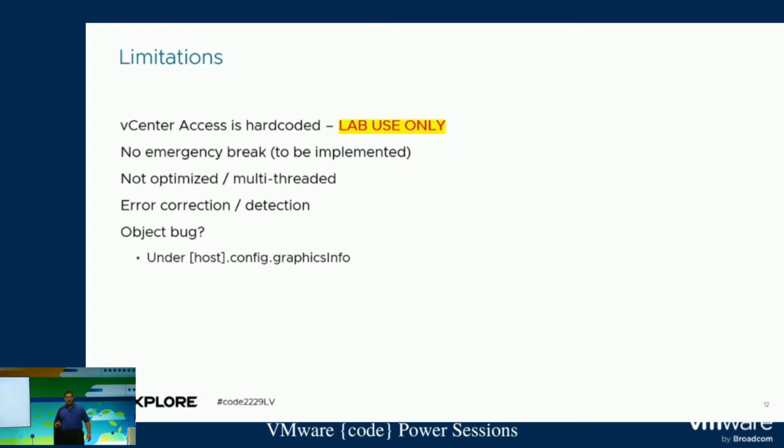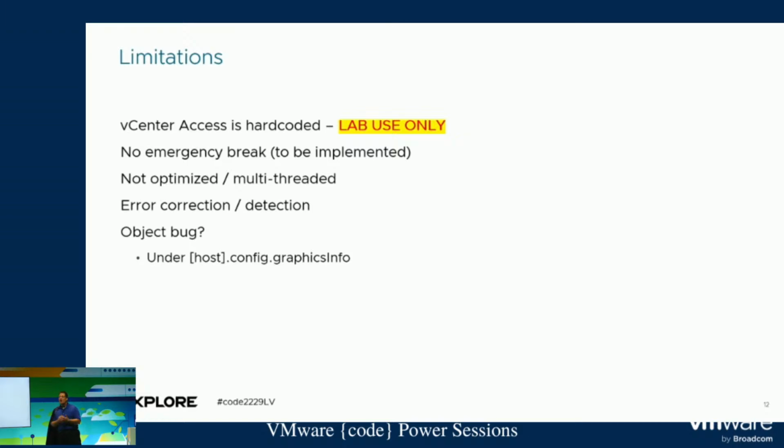I discovered on Saturday, one of the bugs that I was fighting, is that that does not refresh as fast as just resuming a virtual machine. So you go and resume a virtual machine, that location information does not update on the GPU as fast as it updates in the rest of the system. So you'll have two different states in your environment. So I've got a bug to find there.